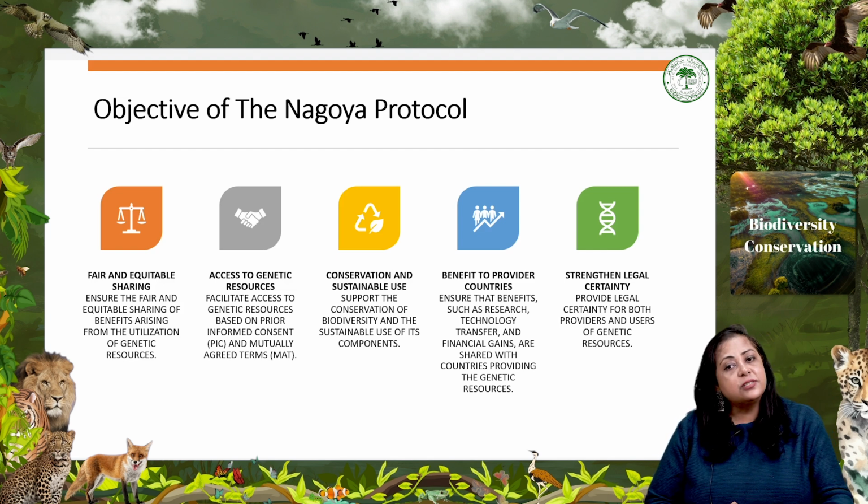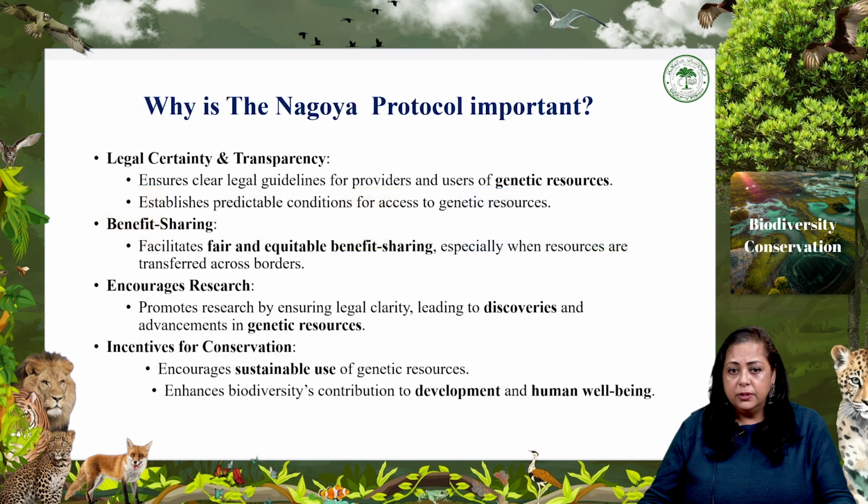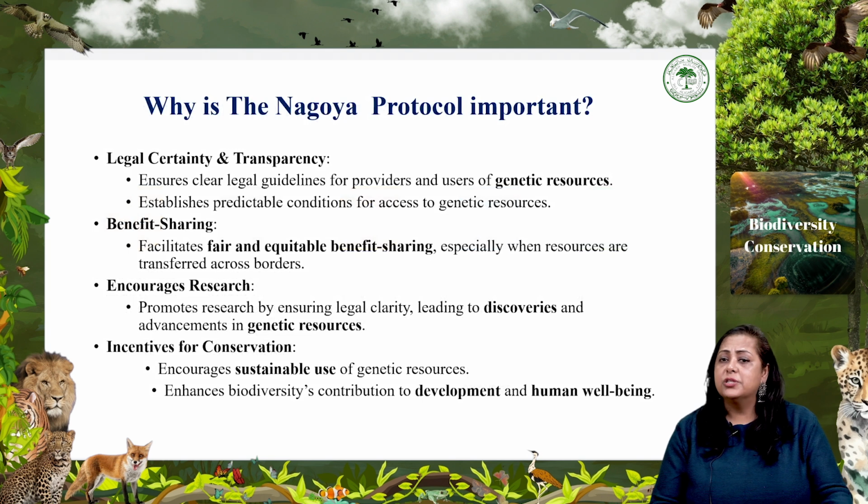And the last is strengthening legal certainty: provide legal certainty for both providers and users of genetic resources. Why was the Nagoya Protocol important? Legal certainty and transparency: ensure clear legal guidelines for providers and users of genetic resources, and establish predictable conditions for access to genetic resources. Benefit sharing: facilitates fair and equitable benefit sharing, especially when resources are transferred across borders.